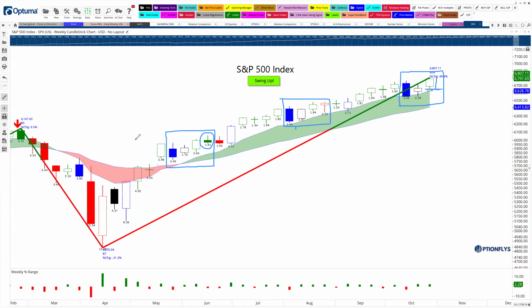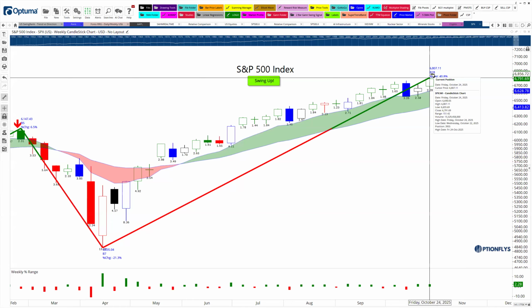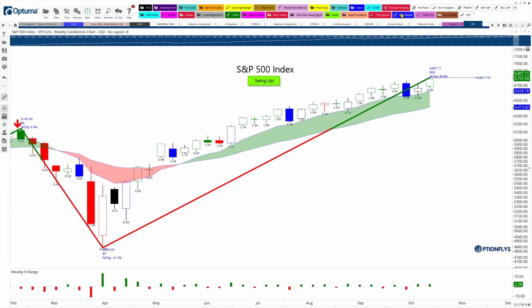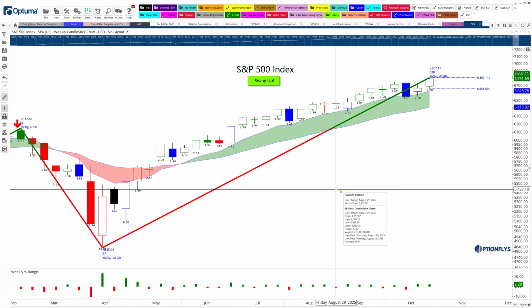Okay. So what are we going to do now? I will close pretty strong. So we can just mark this high. We can mark this week, this week. That's the range right there. So we have 66.55. 66.50 is the pivot low, remember?